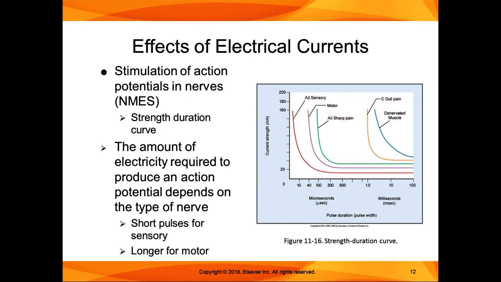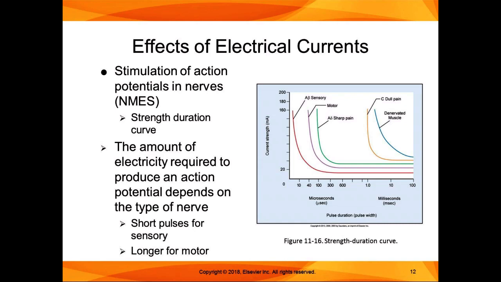But what I want you to know for the strength duration curve is that basically lower amplitudes and shorter pulse durations stimulate sensory nerves, and longer pulses and higher amplitudes stimulate motor nerves. But you can see that there are settings where you could be stimulating all those things.